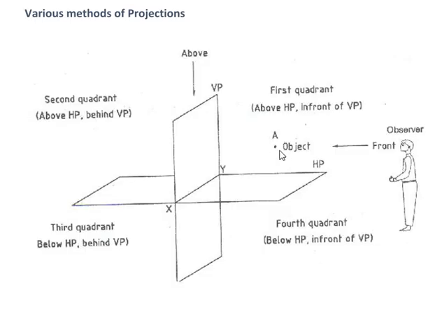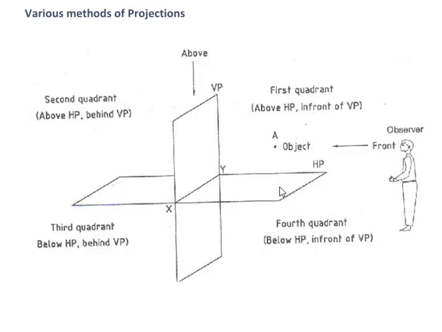The observer sees this object as a front view. The front view of the object is projected on the vertical plane. For the top view, the observer sees from here, and the top view of the object is projected on the horizontal plane.